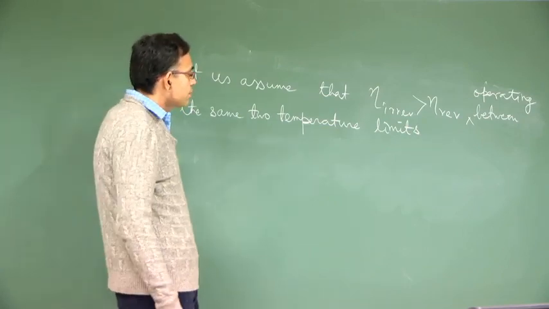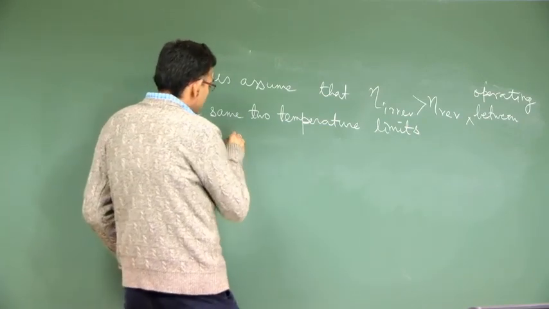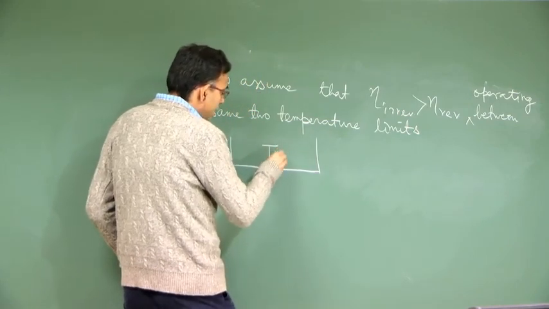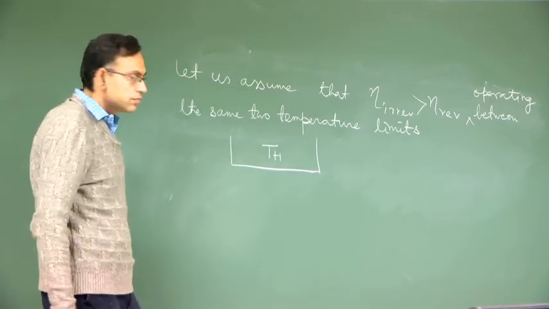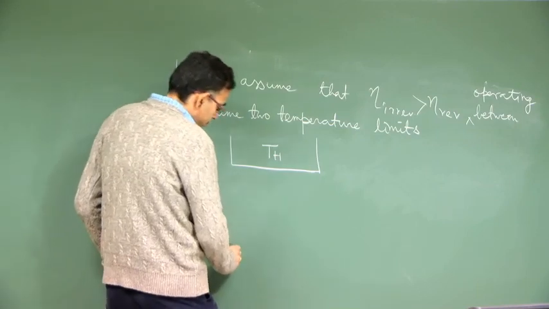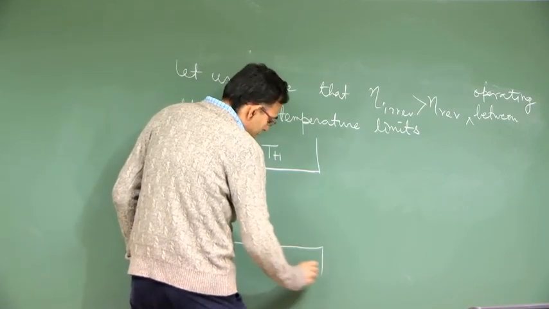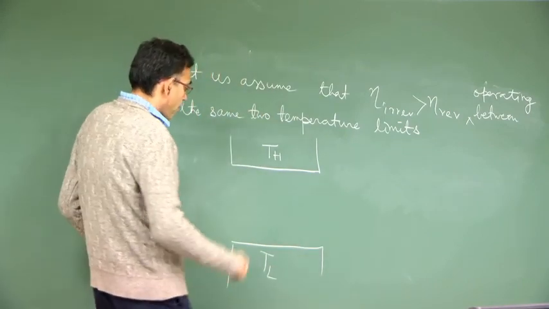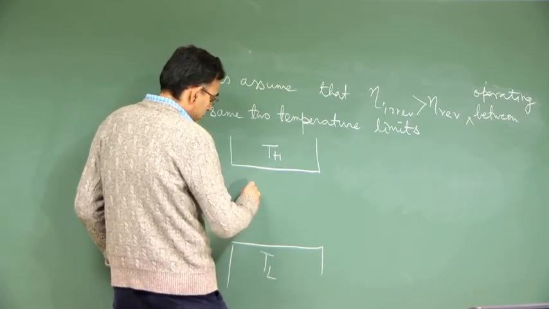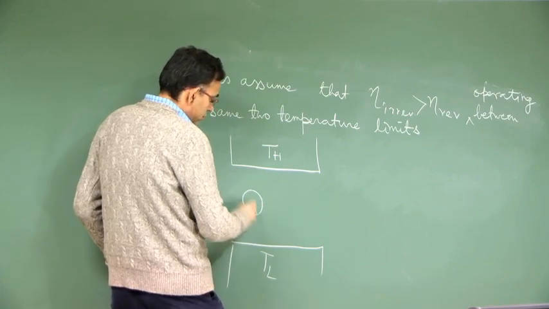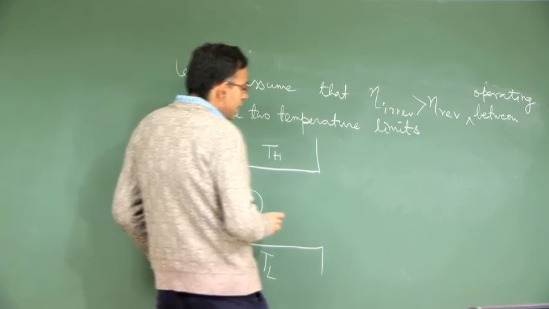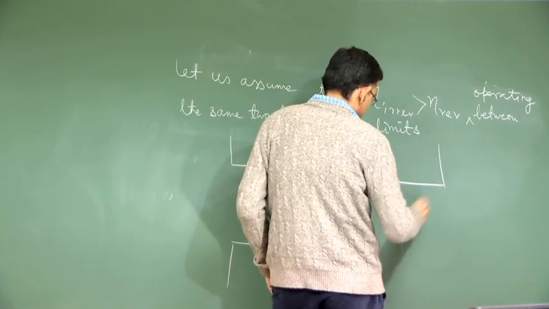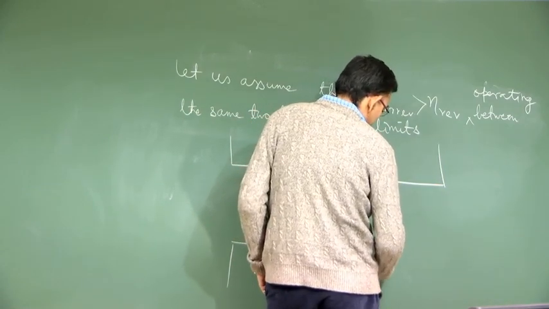Now, the schematic of the system is something like this. You have a high temperature body TH, you have a low temperature body TL, there is a reversible cycle and there is an irreversible cycle.